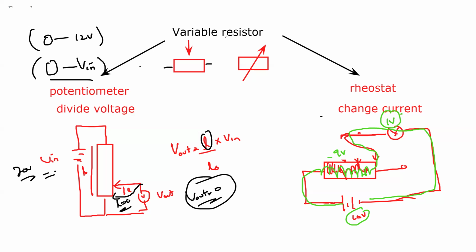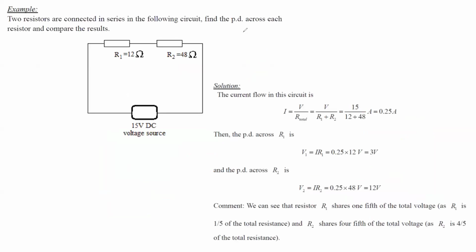This is a rheostat. This is a variable resistor or potentiometer. Both are variable resistors, but the way you use them in the circuit will affect the voltage across the component.